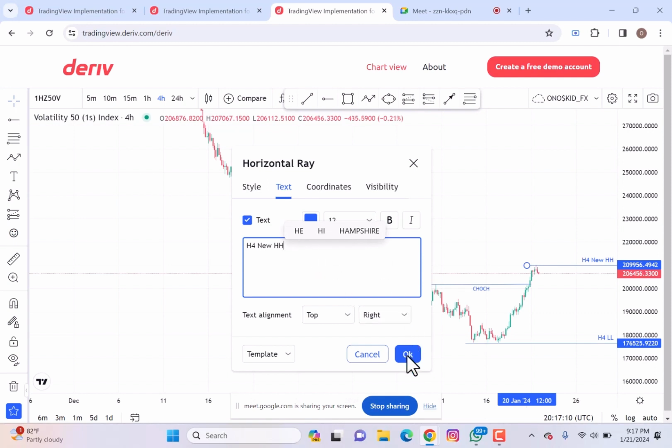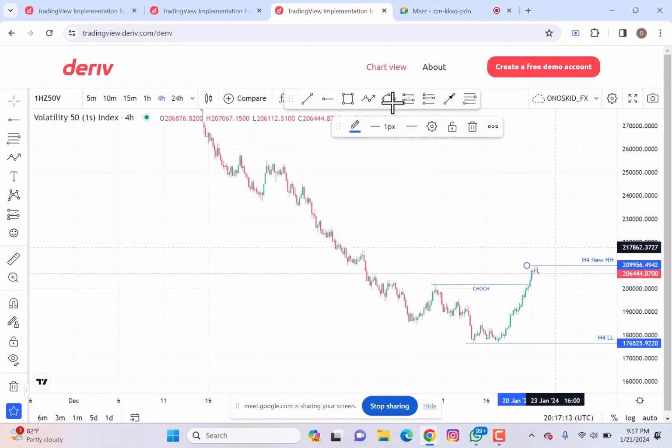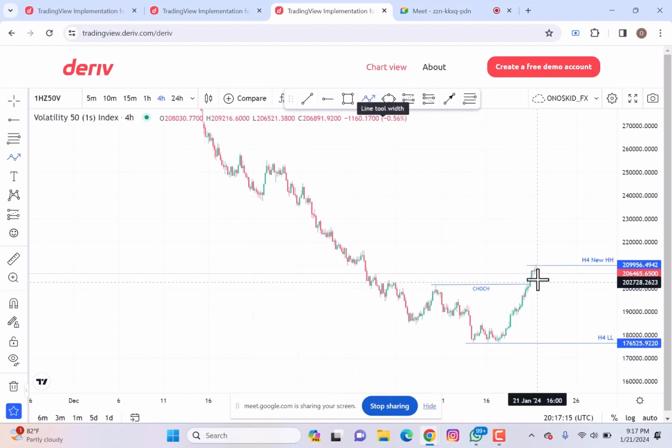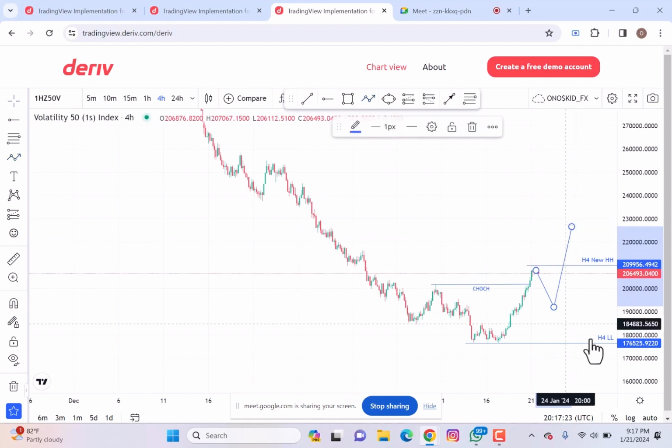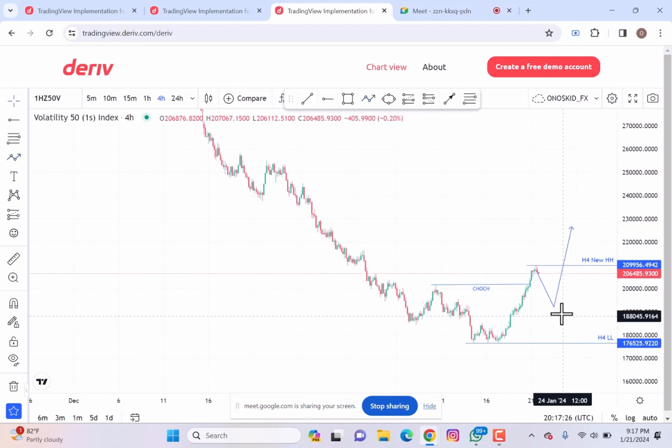Okay, so what I expect this market to do right now, based on expectational order flow, is that the market will pull back to any level here and then create a new higher high. Okay, so this is what I'm expecting from it.